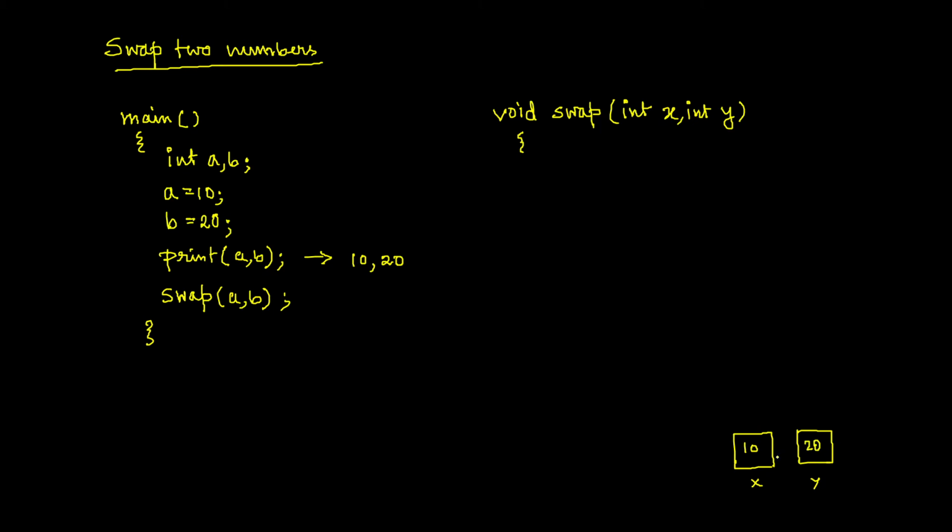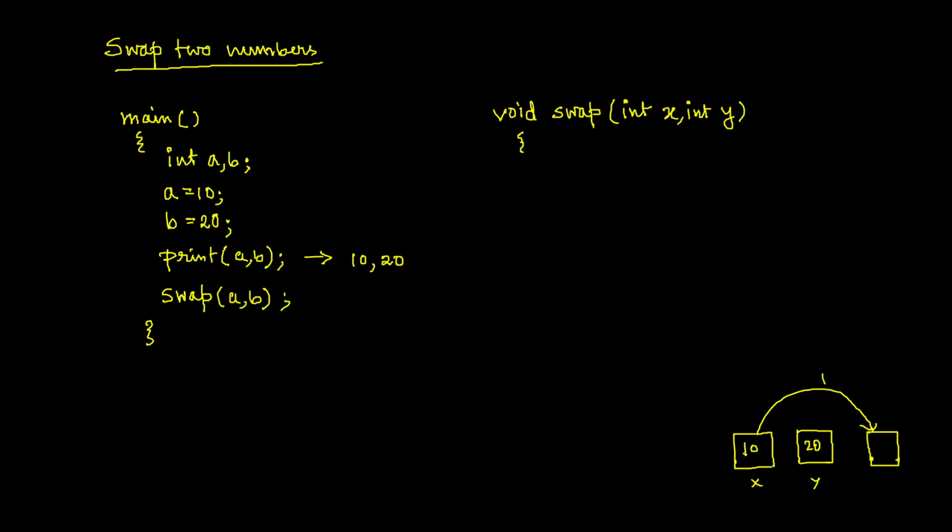Now obviously it's not possible to swap without a third variable, at least what I can see right now. Anyway, this is possible, but to swap it we will take help of a third variable. I can store this 10 over here first.